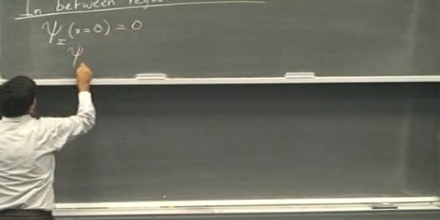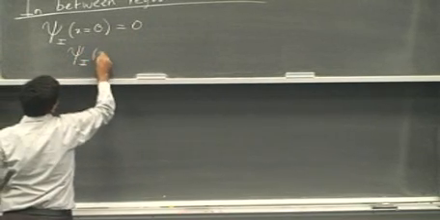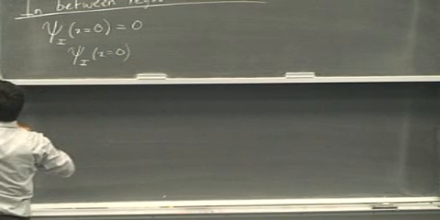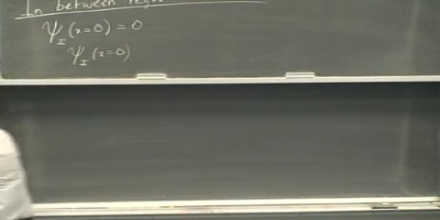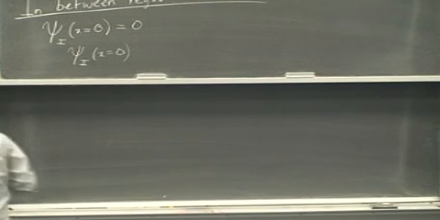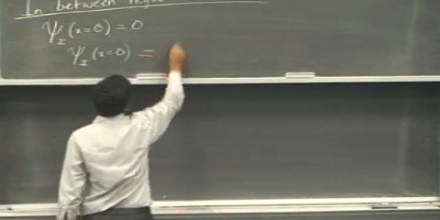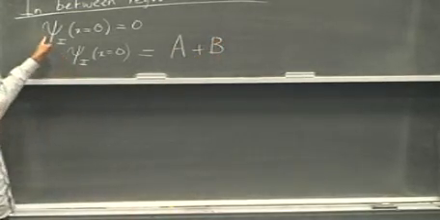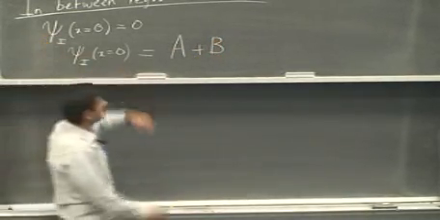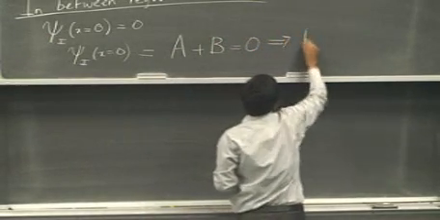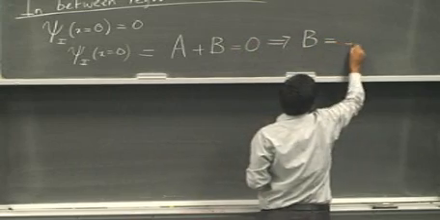The wave function in region 2 at x equals 0, that is the boundary between region 1 and 2, is given by this function, and you insert the value of x here, which is 0. So you get A plus B. But this wave function must match this wave function. So A plus B must equal 0, which means B must equal minus A.